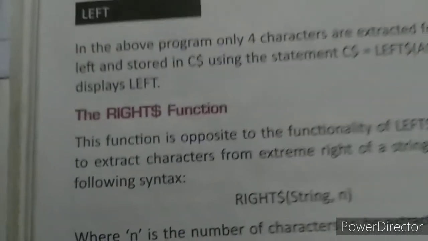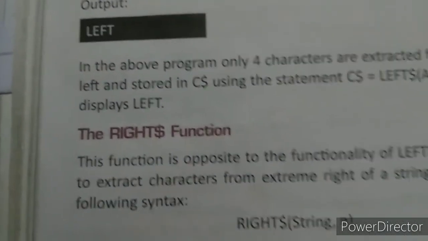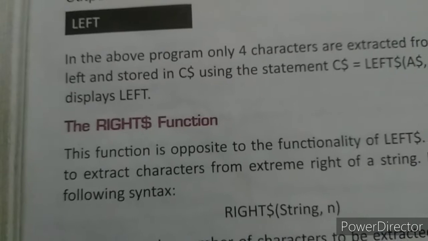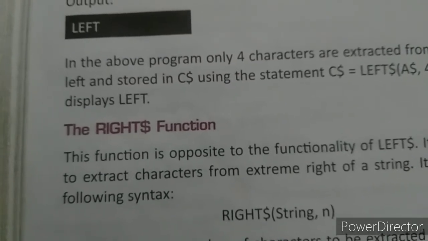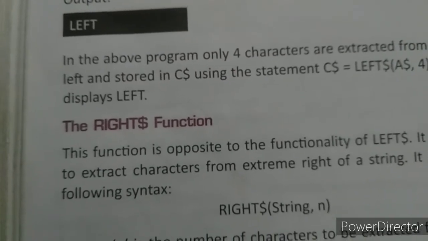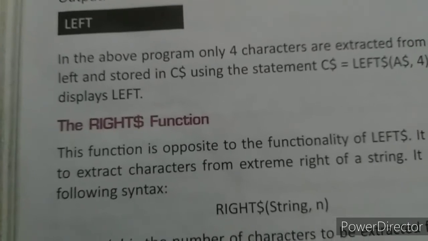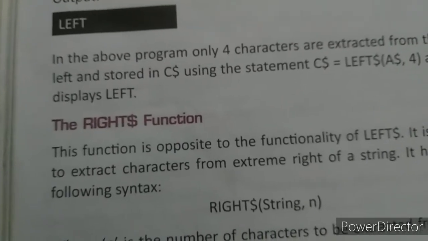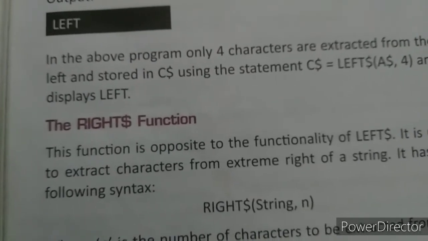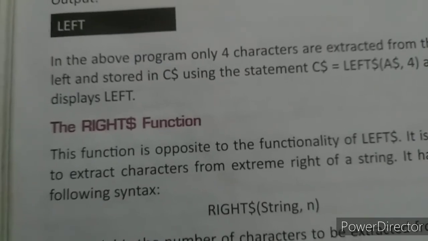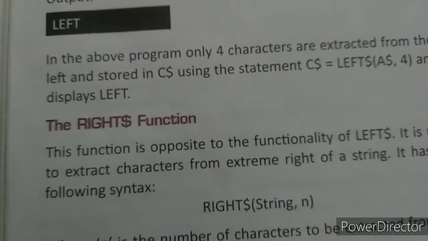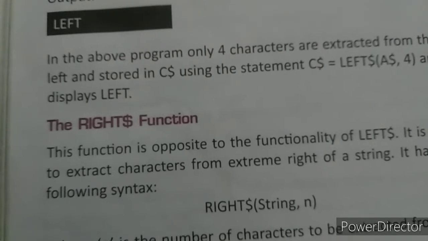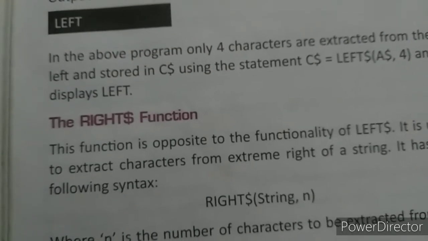It means in place of the number 4 you can change the number, you can take 2, 3, 4, 5 as much as you want, and you can change the string, and cut the desired number of characters from the left using the left function.